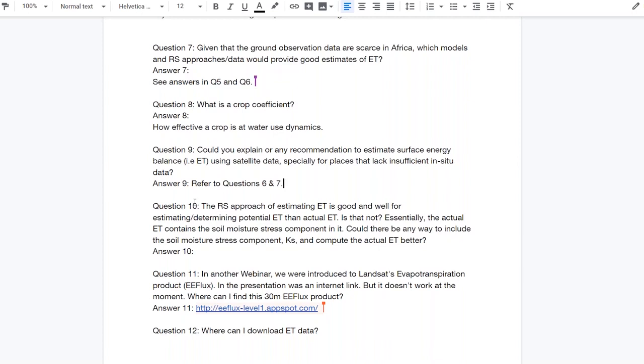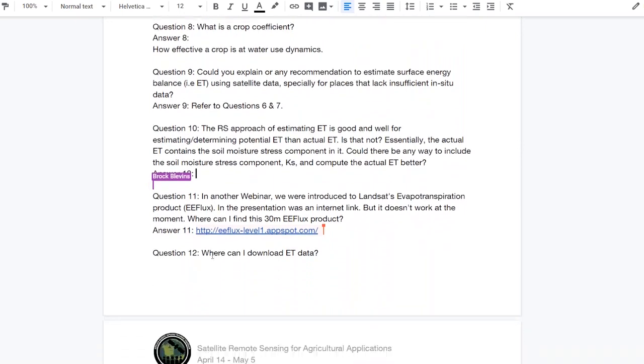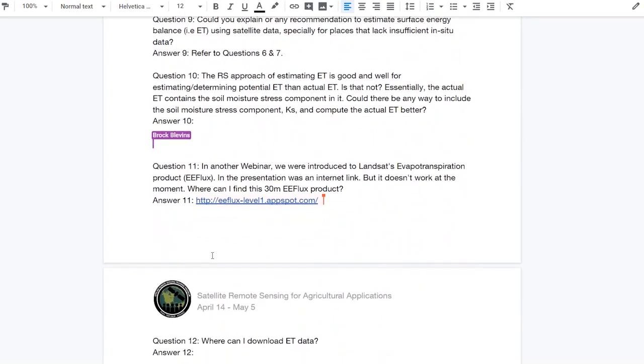Great. Question 10, the remote sensing approach of estimating ET is good for determining potential ET rather than actual ET, is that not so? Essentially, the actual ET contains the soil moisture stress component in it. Could there be any way to include the soil moisture stress component, Ks, and compute the actual ET better?